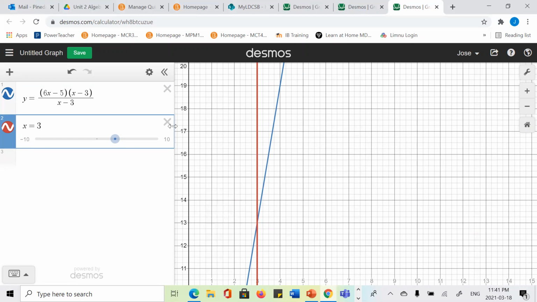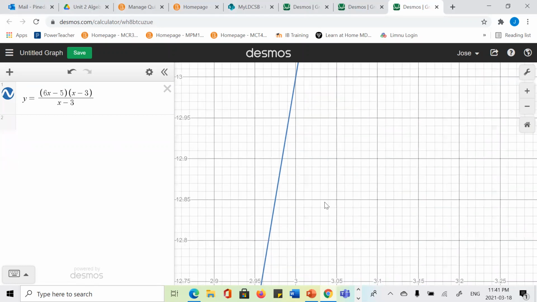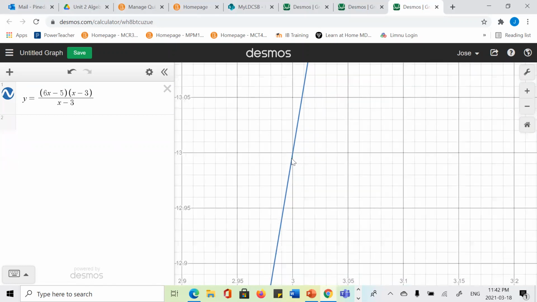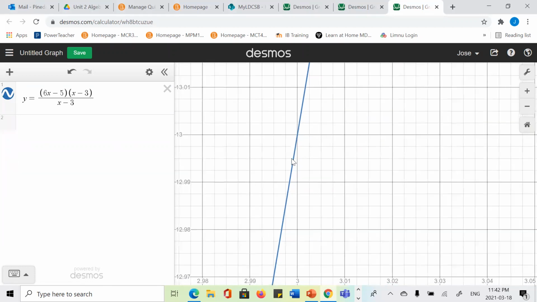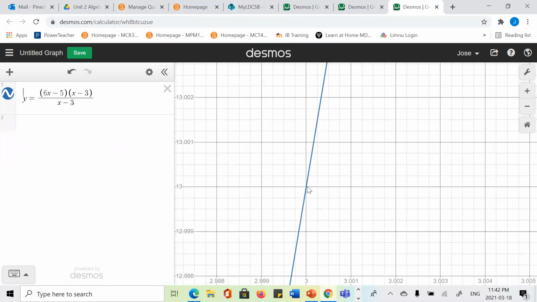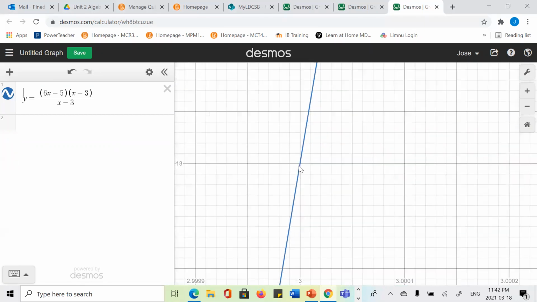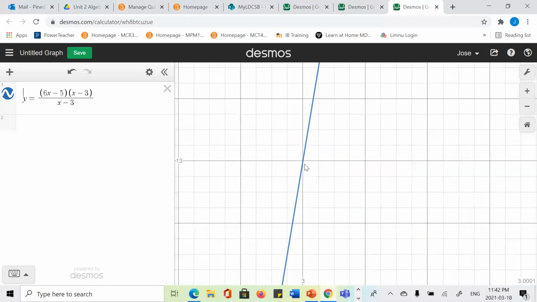Even though the function exists for every other real number, when x is equal to 3, we get really, really close to it, but we never approach it. This value doesn't exist there. Even if you zoom in, you really can't see it much. You would actually have to click on the graph to notice that it's undefined there.